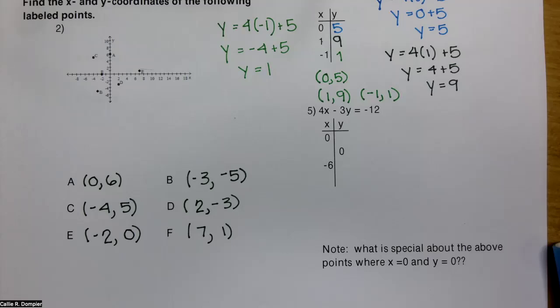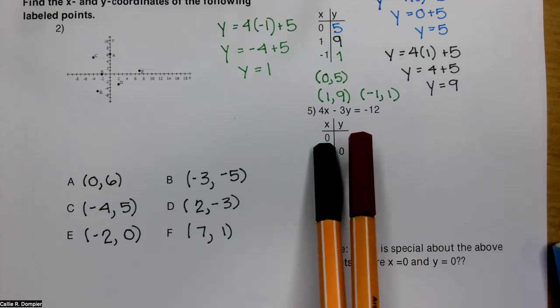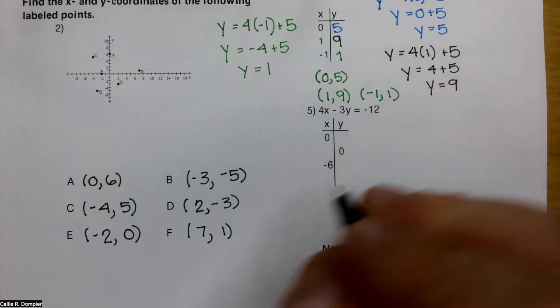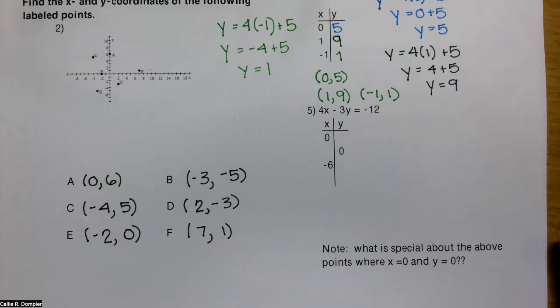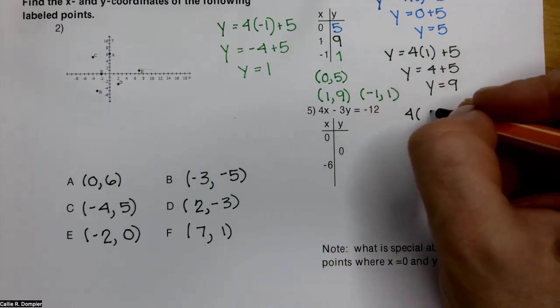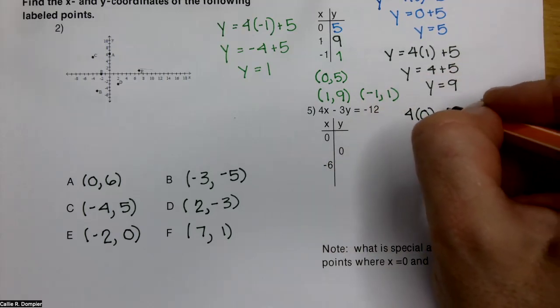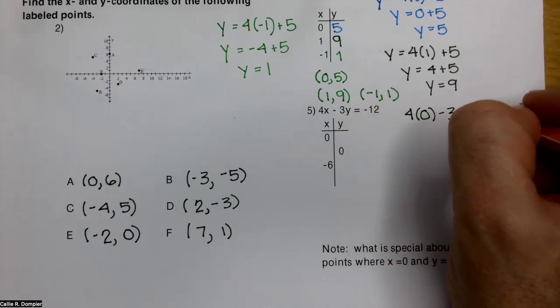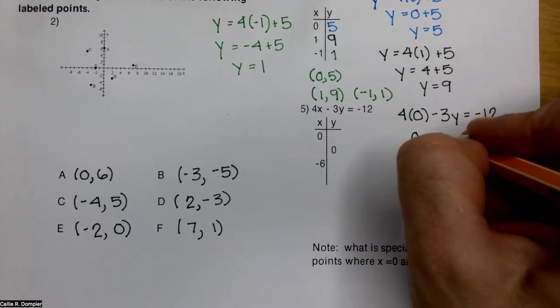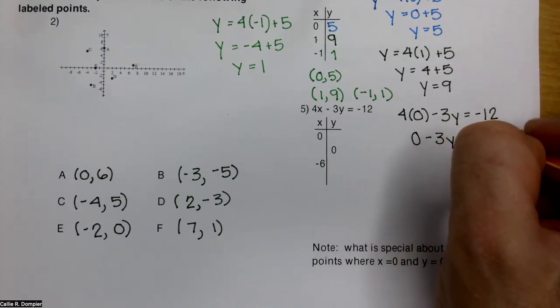But we're going to do the same thing, okay? We're going to make a table by saying, if I put 0 in for x, what do I get for y? So instead of 4x minus 3y equals -12, we're going to have 4 times 0 minus 3y equals -12. 4 times 0 is just 0. 0 minus 3y equals -12.